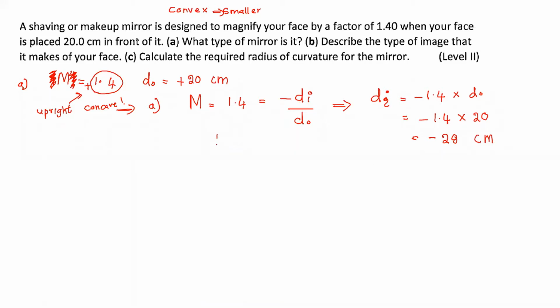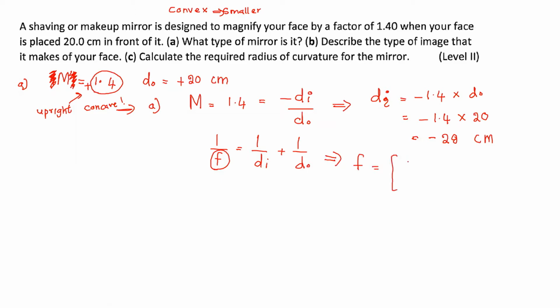Now what we can do is apply the mirror equation to find out the focal length. If our focal length was positive, it is a concave mirror. If it is negative, then it is a convex mirror. So that is what we are going to do.